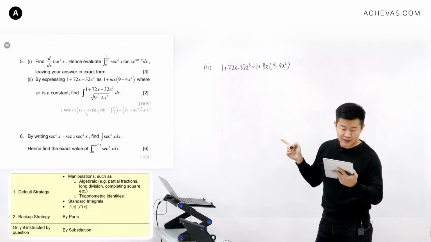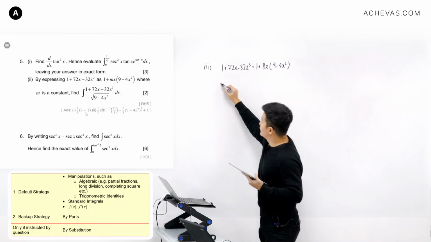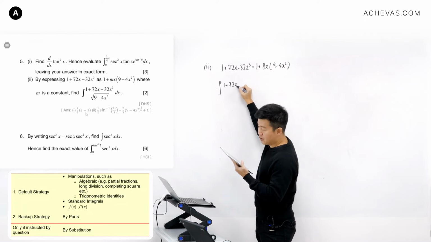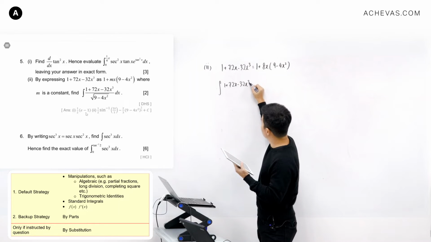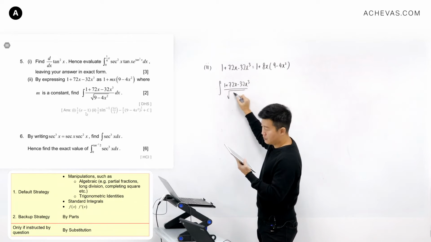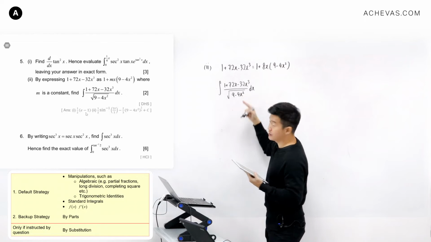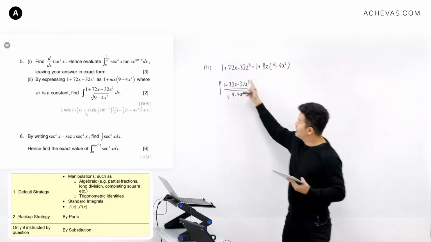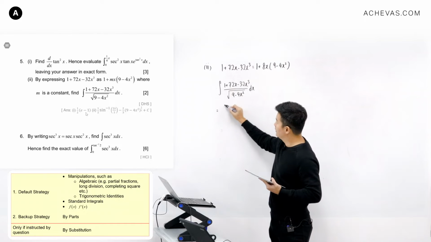So I'm going to apply this to help myself integrate this. 1 plus 72x minus 32x to the power of 3, divided by the square root of 9 minus 4x squared, which is comforting because we are getting this 9 minus 4x squared after I manipulated the expression from the numerator.